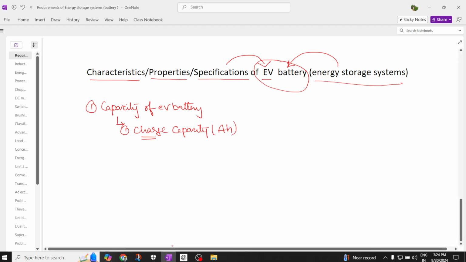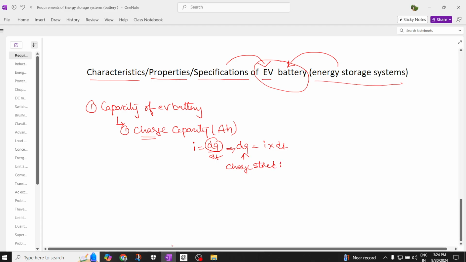So how to write down the charge? We know the formula for current: I = dq/dt. So dq can be written as I into dt, where dq is the charge stored in the battery.